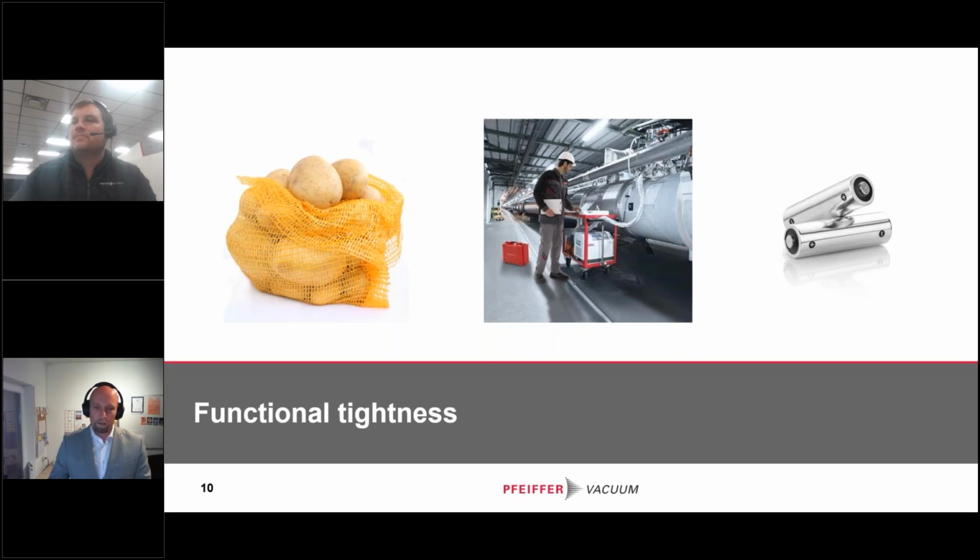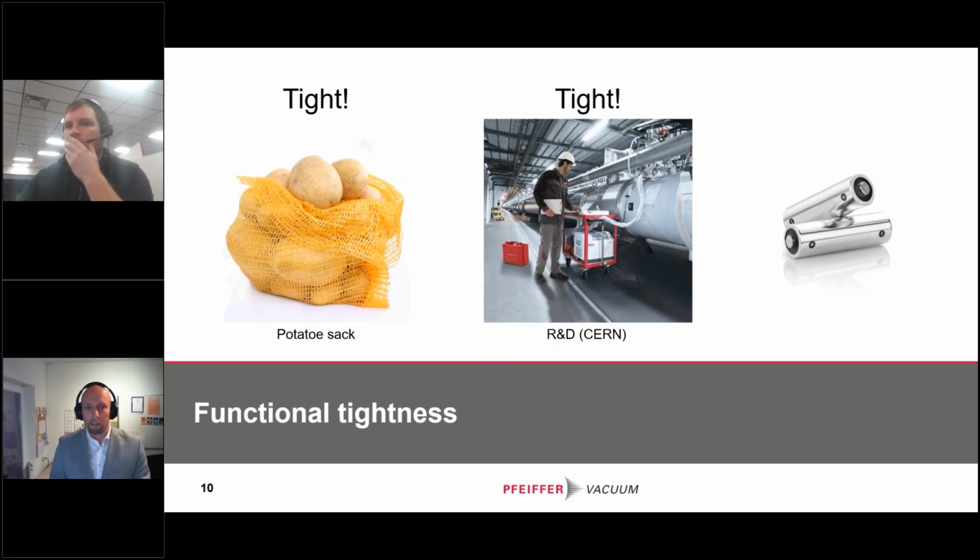A very easy example to understand is this potato sack, which just has the functional tightness to ensure that no potato falls out of it. So you can have a net width of several millimeters, which is still a functional tightness, which prevents any medium from inside the potato sack from getting to the outside. Another example, something like 15 orders of magnitude in length scale away from this, is an accelerator ring in the R&D world at CERN.